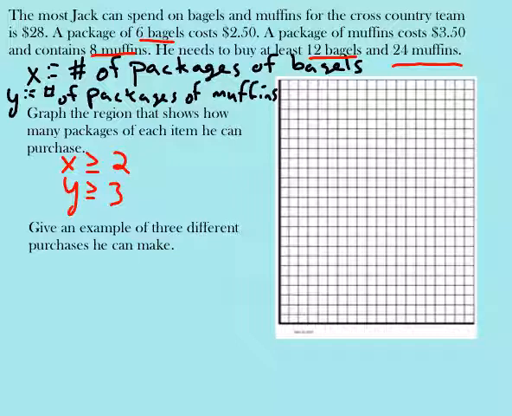Now for the last thing, kind of the ones you guys were quizzed on in Unit 1, you need to know 2.5x, so $2.50 is the cost of each package of bagels, and then muffins is $3.50, so plus 3.5y has to be less than or equal to 28.